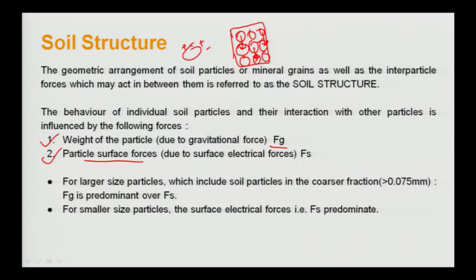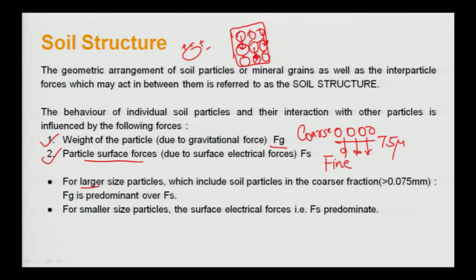See here the next point, for the larger size particles, which include the soil particles in the coarser fraction. We have already studied in the last class that if there is a 75 micron sieve and the particles are retained over it, it will be denoted as coarse fraction, and if the particles are passing the 75 micron sieve, that will be fine grained soil.